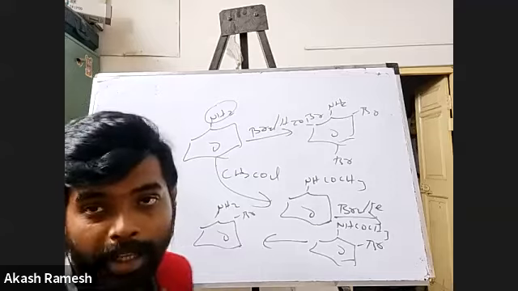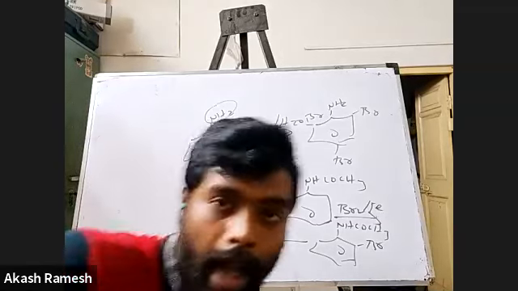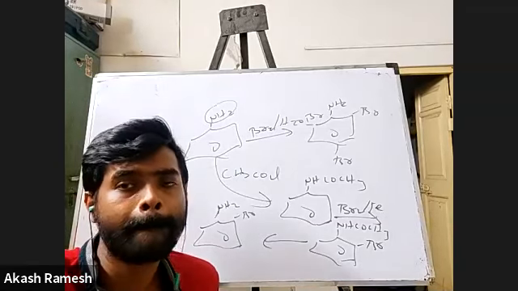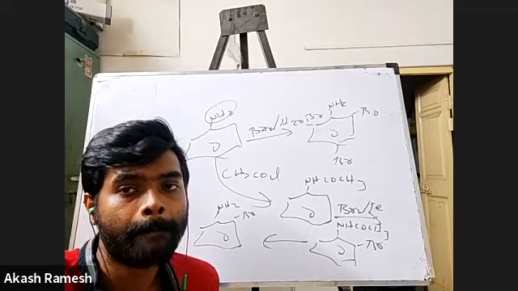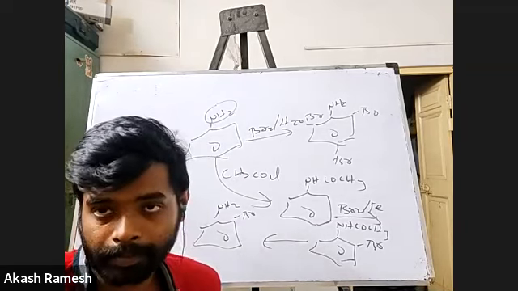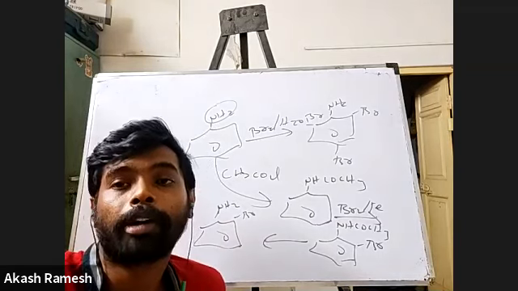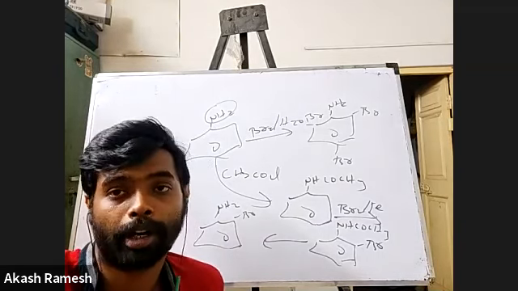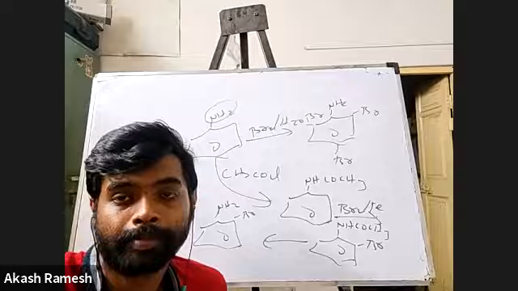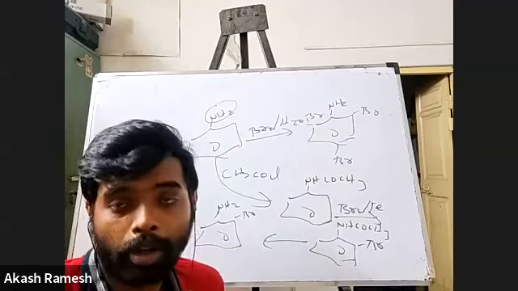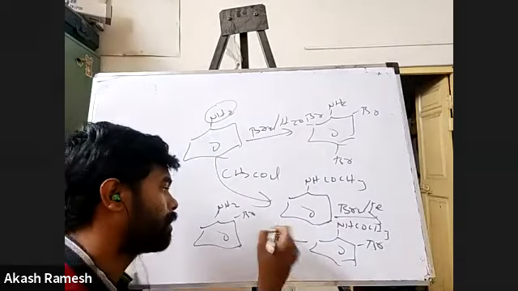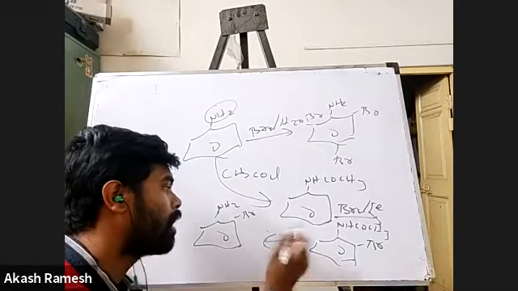How do you convert an ester back to acid and alcohol? If I have an ester and I want to convert it back to acid and alcohol, what should I do? The same answer. Basically you have to go for either base hydrolysis or acidic hydrolysis.